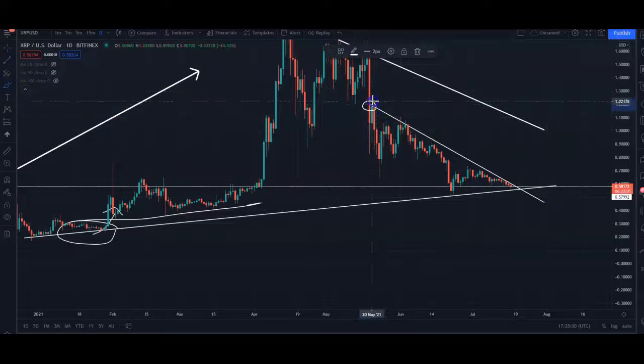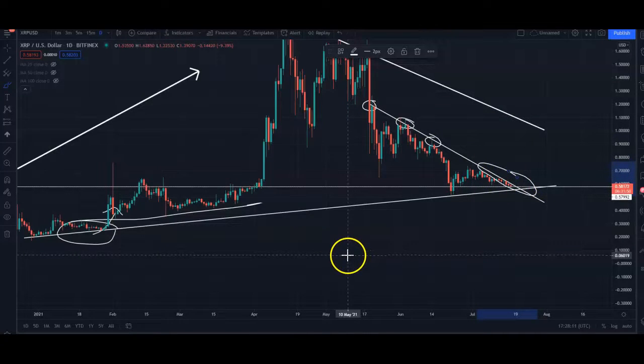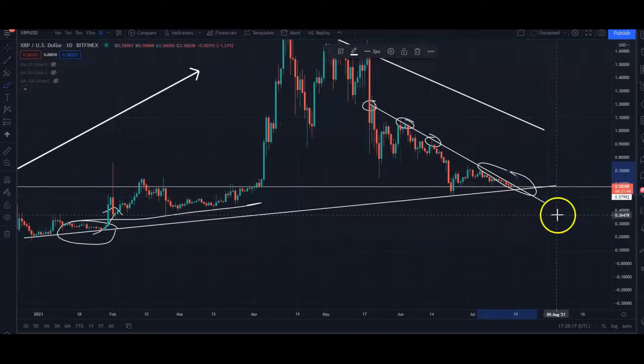As we touched here, we reject, then we reject again here, and all through here we're respecting this downtrend on the daily time frame. At the same time, we're respecting this uptrend on the daily time frame here.